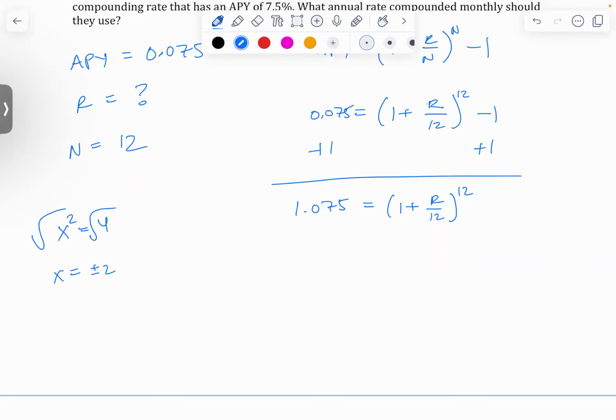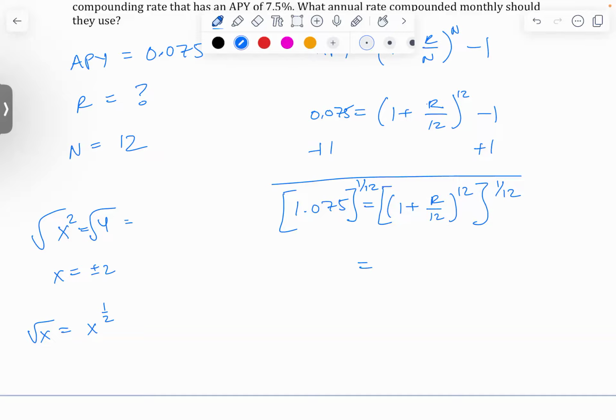Similarly, how do you get rid of a 12th power? 12th root. Now, in the calculator, a shortcut to this, instead of doing the 12th root, if you recall from your algebra, square root is equivalent to the 1/2 power, which means that if I do this to the 1/12th power on both sides, that's the same.